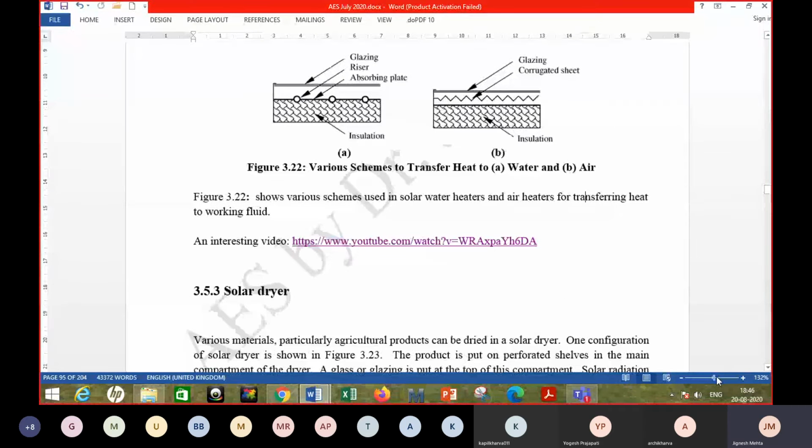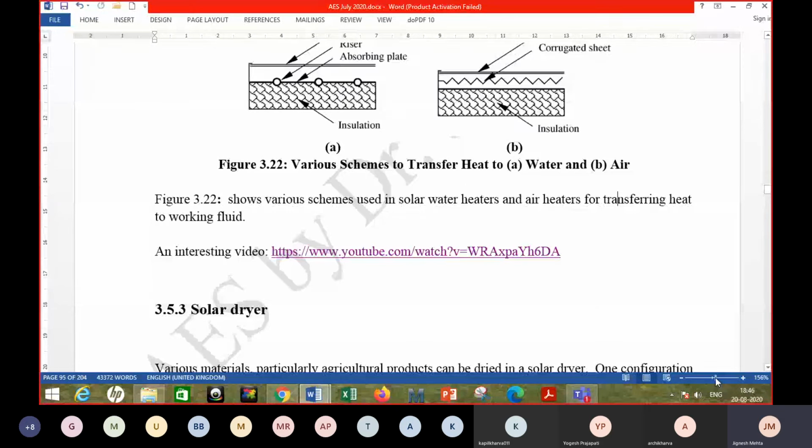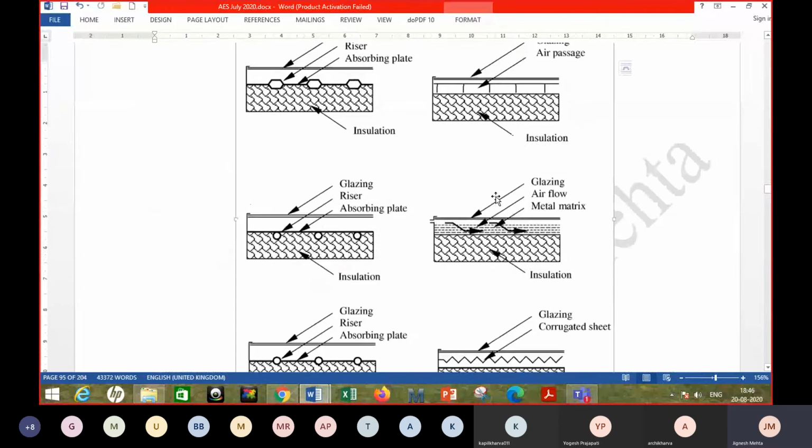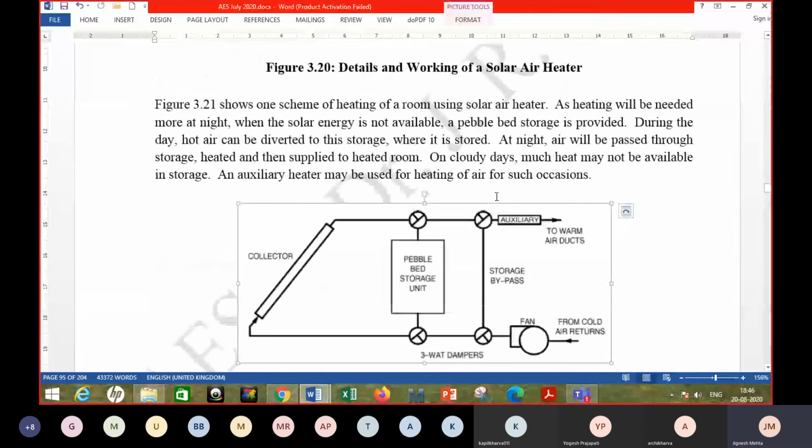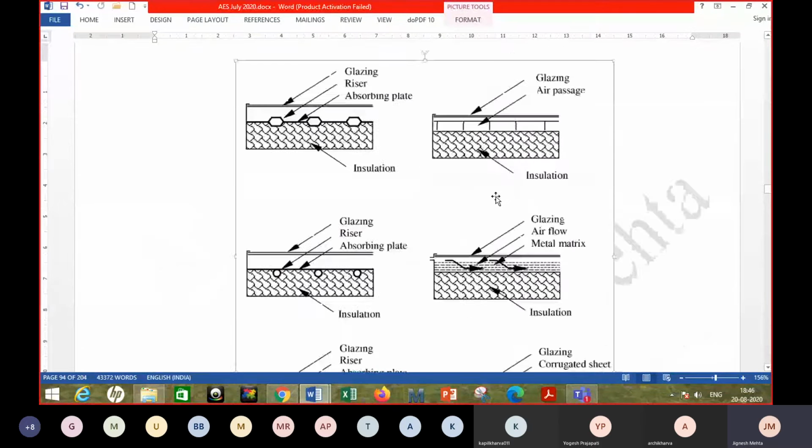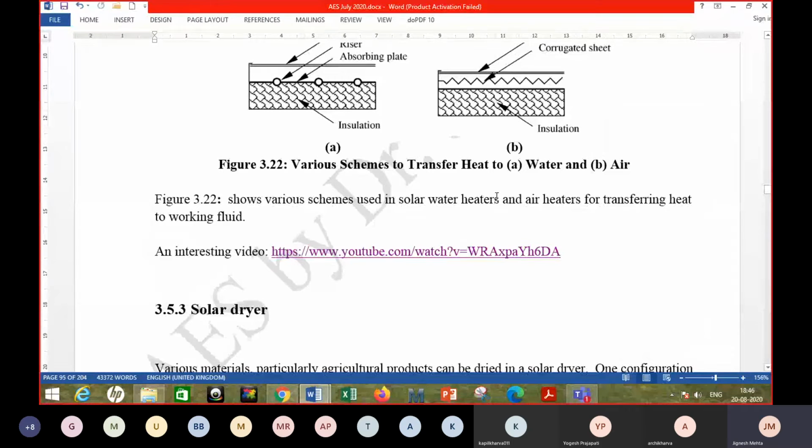So somewhat bigger size collector as well as bigger size fan may be required to fulfill the requirement or to heat up a room of the given size. But the idea wise as well as concepts of solar air heating, I think were well demonstrated in that video.